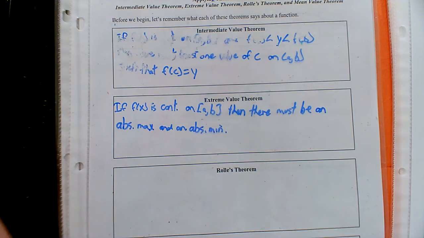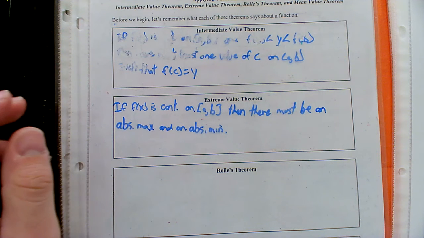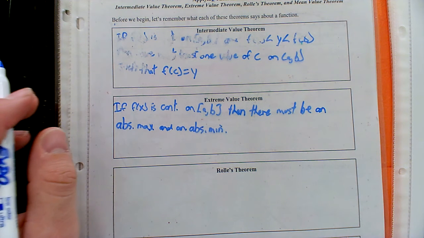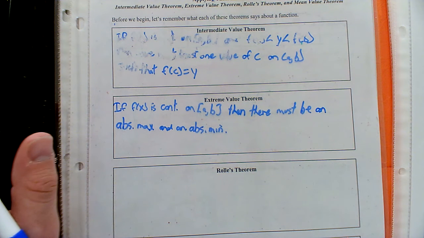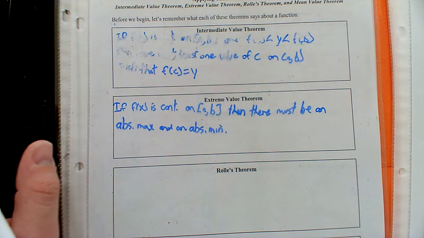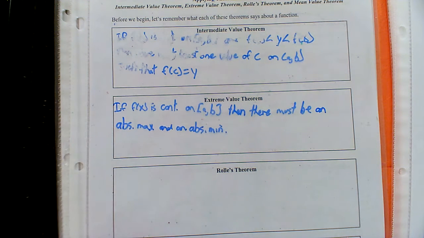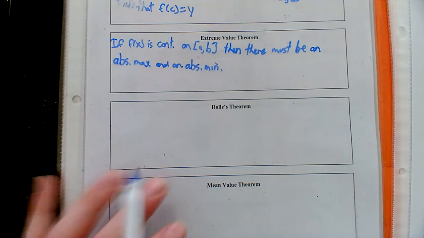So we're saying if that interval is continuous there must be an absolute max and an absolute min. That's the extreme value theorem. We're talking about the extremes. Absolute max, absolute min. Alright, very good.